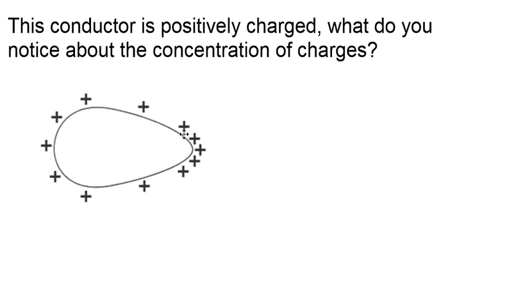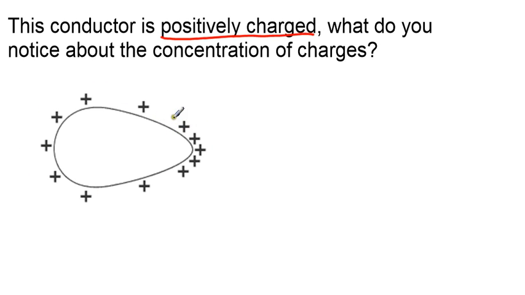Now, what you want to be careful about is when we talk about something that is positively charged, we have not added protons. What we have done is we have removed electrons. So you might be thinking, well, how come we have positive charges that are distributed unevenly?